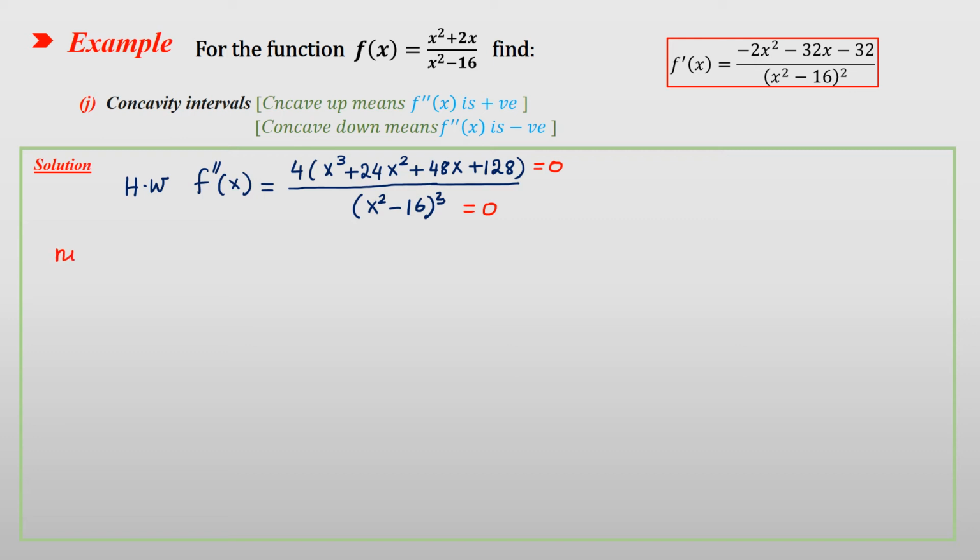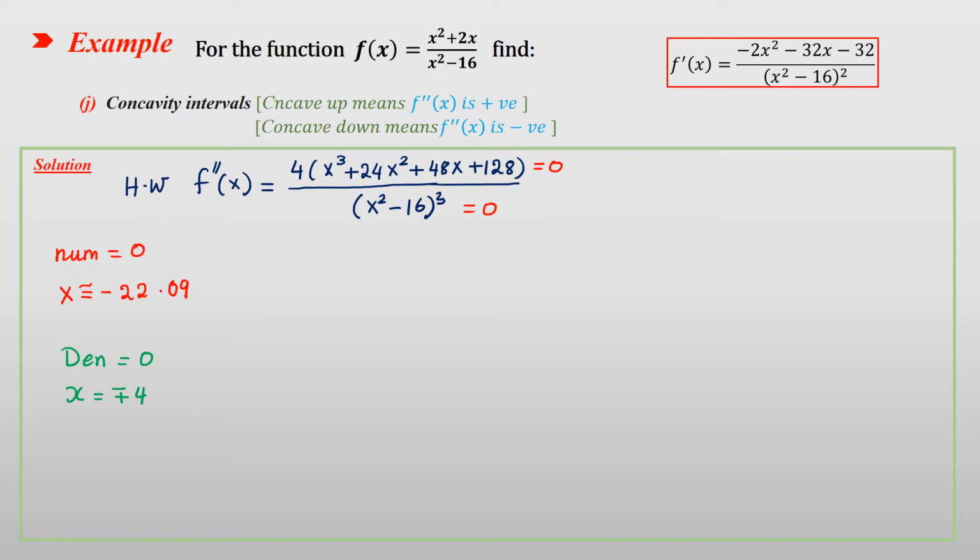So numerator equal to 0 means that this cubic equation equals 0, and using a calculator with mode 5-4 in a Casio calculator, you will find that we have a root which is x equals negative 22.09, and for the denominator we have x equals plus minus 4.